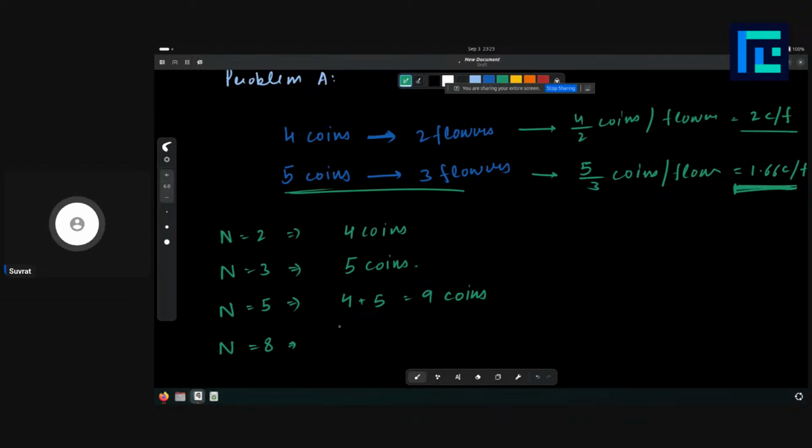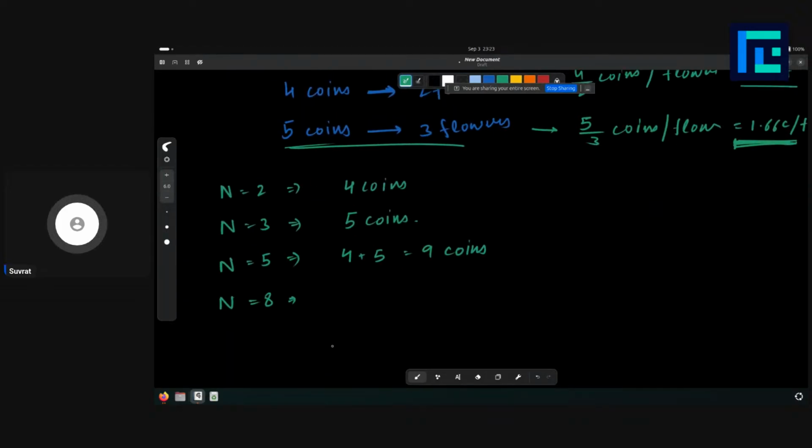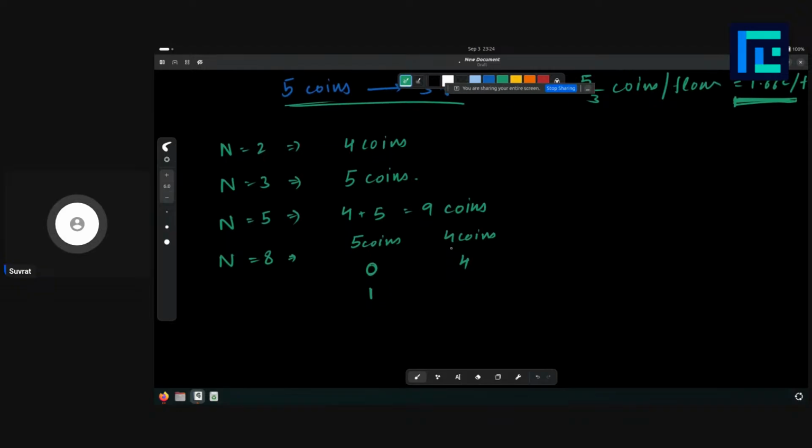So for 8, there are various options we have here. Let's make a table: 5 coins, 4 coins. We can do zero transactions of 5 coins and 4 transactions of 4 coins, which would give us 8 flowers. Or we can do one transaction of 5 coins, but then there will be 5 flowers left. 5 flowers cannot be obtained by doing 4 coin transactions, so this is not possible.